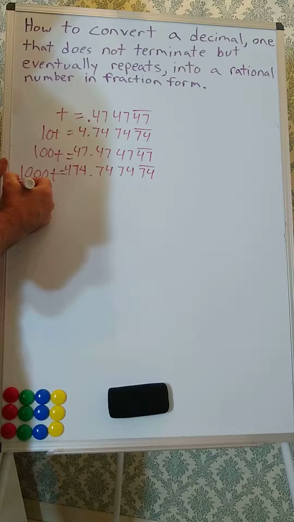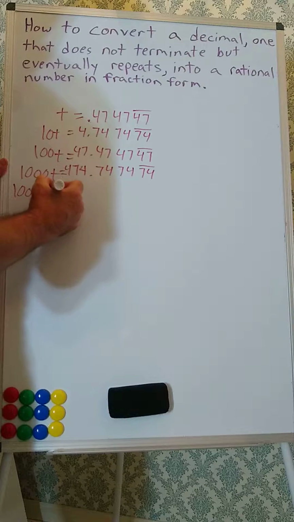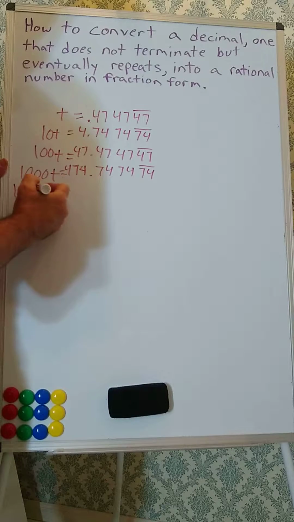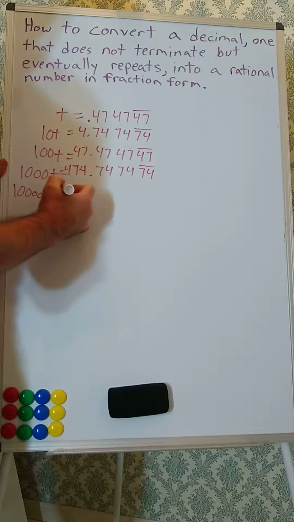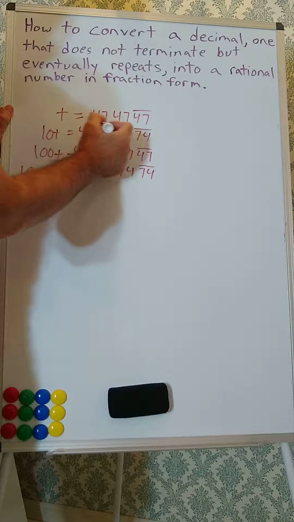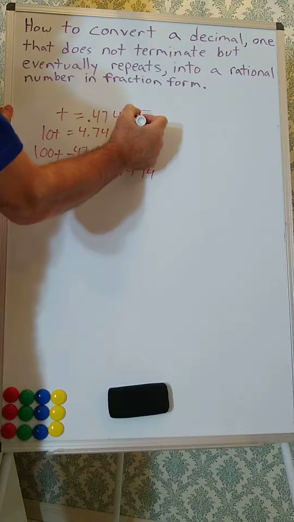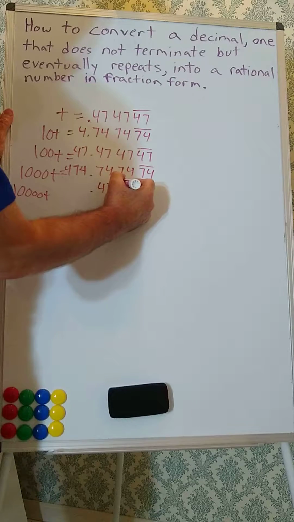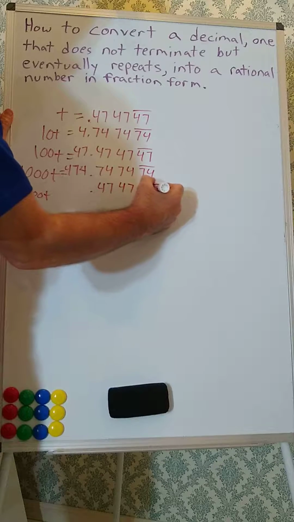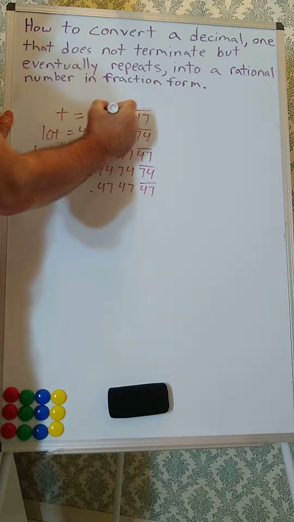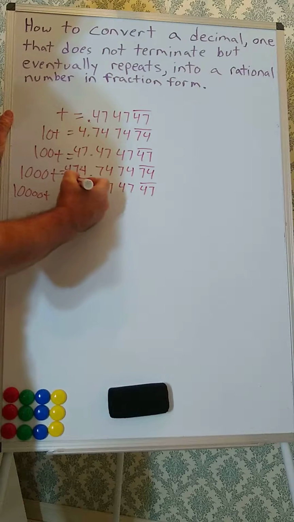And I'm just going to stick 10,000t in there. The decimal is going to move four places to the right, so we get 4747.4747. Ones go with ones, tens with tens, hundreds with hundreds.